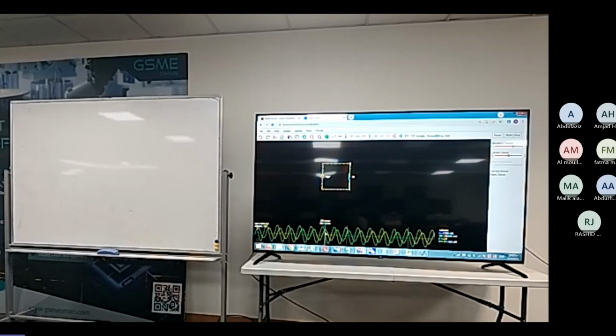How can I change the frequency of these oscillations? What's the relationship? If I ask you how much is the frequency of oscillation of this circuit, tell me how much it is. Based on the relationship we had, we know the oscillation frequency.